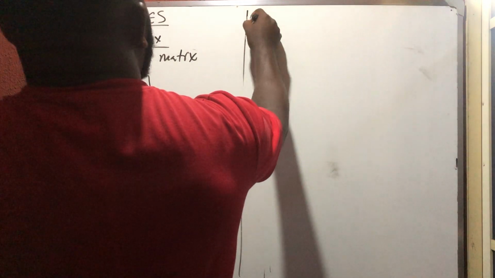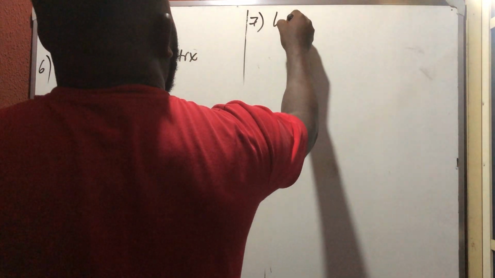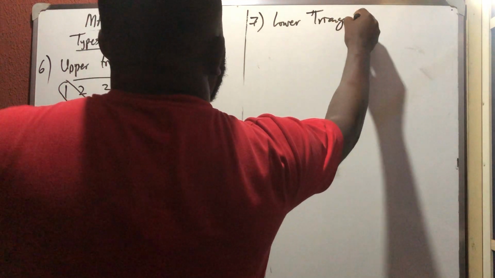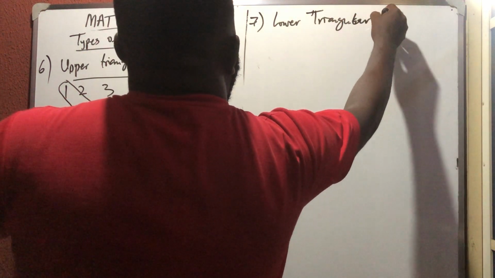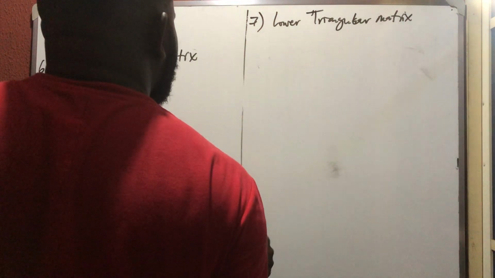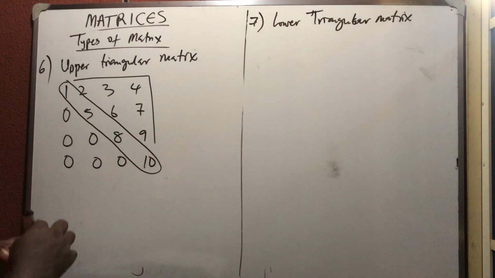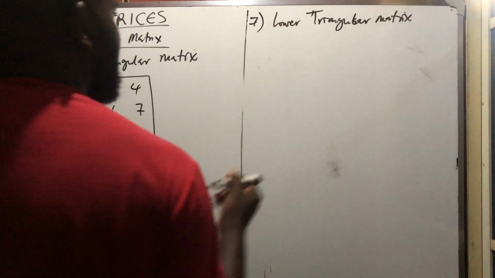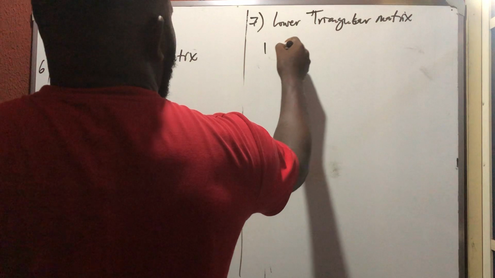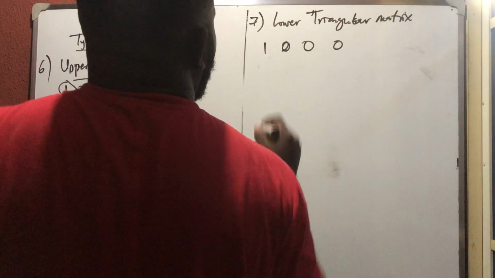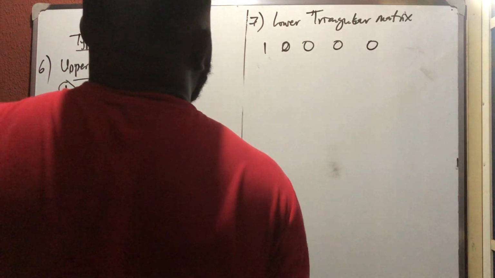Then the next one is the lower triangular matrix. In a lower triangular matrix it is the same thing, but in this one the upper triangular entries will now be 0. So let's have, for example, 1, 0, 0, 0. Let me use a 5 by 5 matrix.